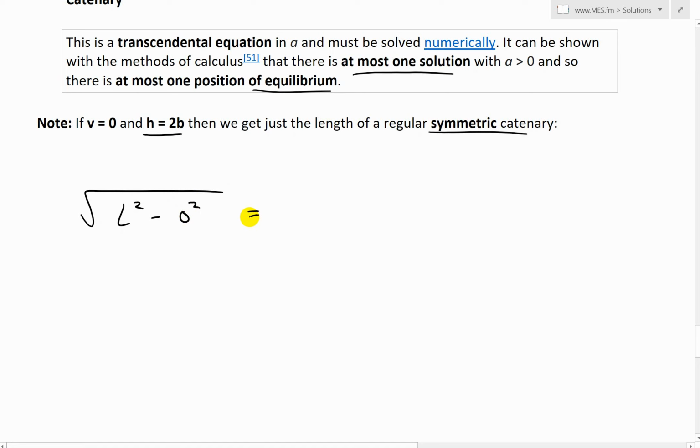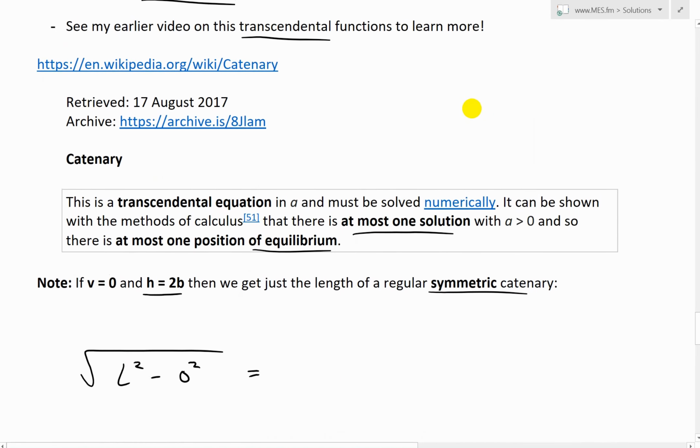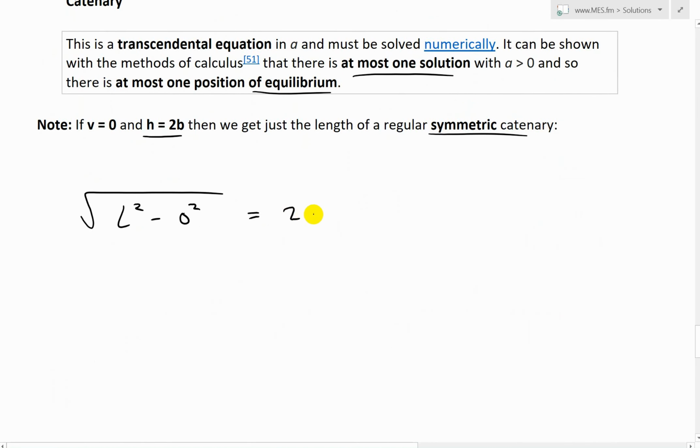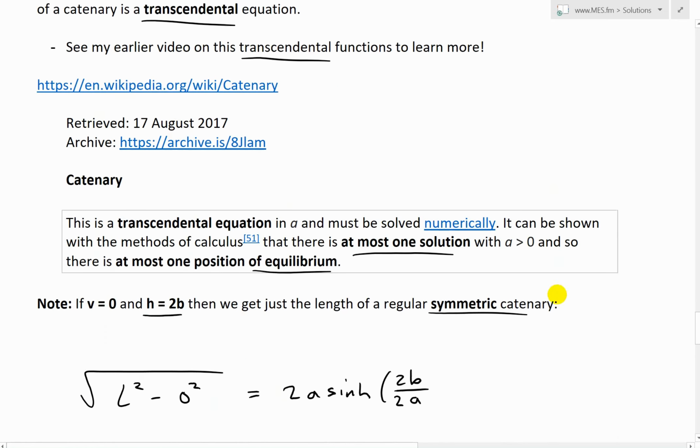So this equals 2, and then on the right side we have 2a sinh, and now the h, if it equals 2b, so that's exactly a symmetric one like that. 2b, that's the horizontal distance of a symmetric catenary, divided by 2a like that.